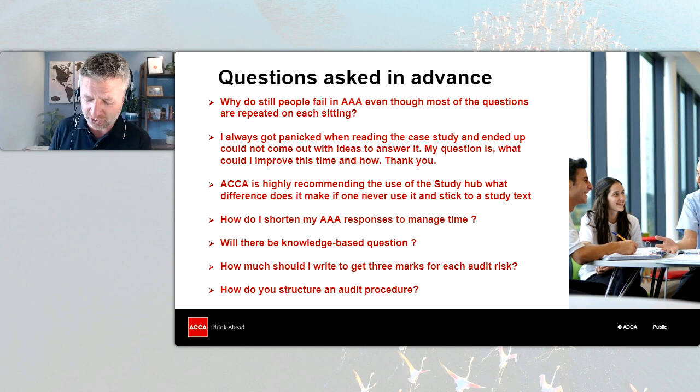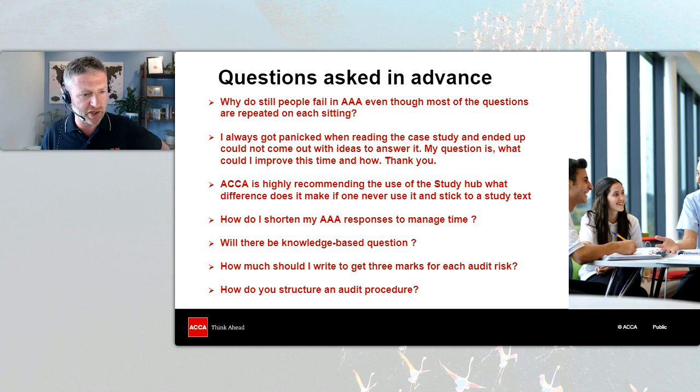And as much as possible, use full stops rather than commas. You don't want long, complicated subclause sentences in AAA. You want boom, boom, boom, boom, boom. Short sentences, short words, short paragraphs, full stops helps you to do that. And that helps you to save time because you've got less time typing.